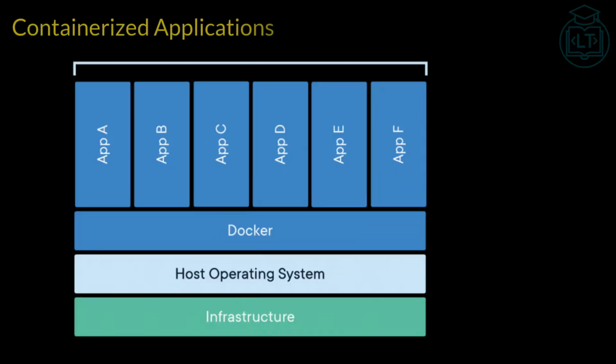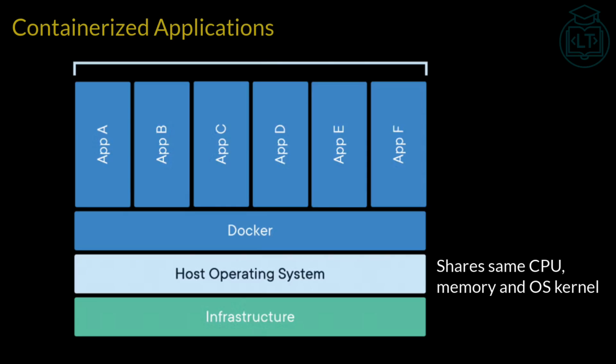But here is the cool part. All of that is virtual. Docker is actually sharing your computer's operating system. So, while each container is isolated from others, they all use the same CPU, memory, and operating system kernel.